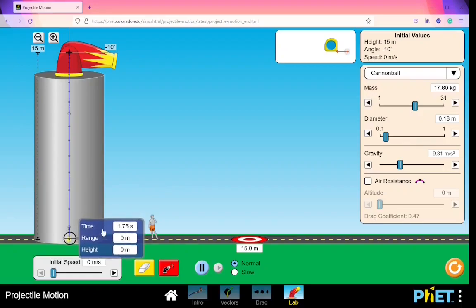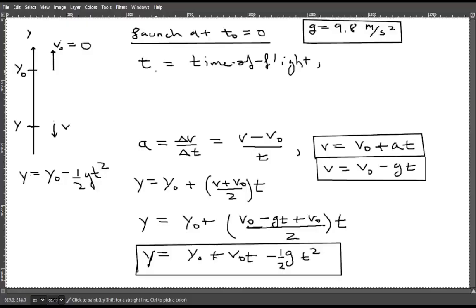But then those equations of motion don't apply any longer, because then y is just quite simply 0 forever and ever at any time beyond 1.75 seconds, as you can see. So when t is equal to the time of flight, here at 15 meters, 1.75 seconds is that time of flight. But whatever that is, y will be equal to 0 when that happens.